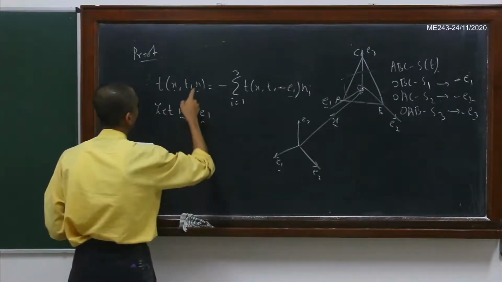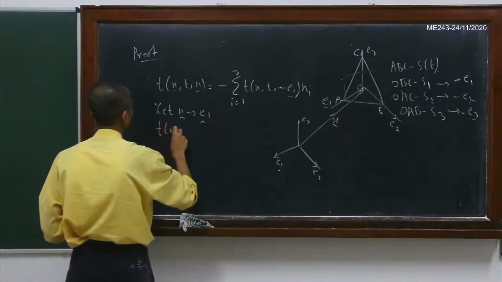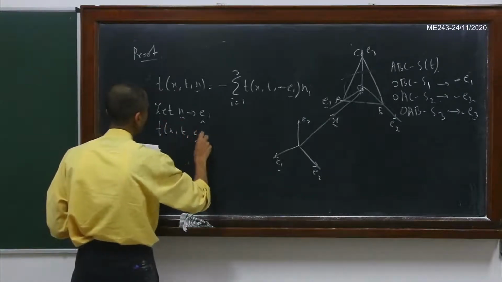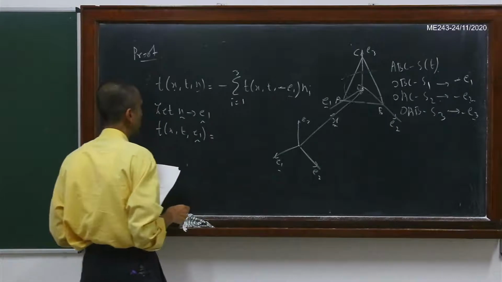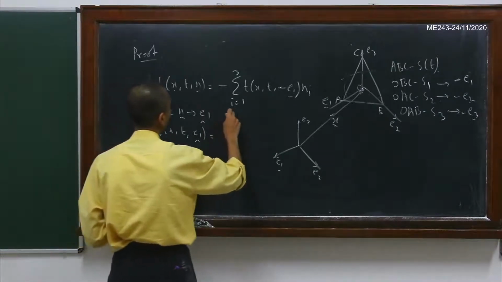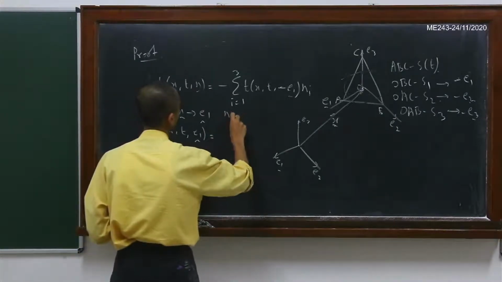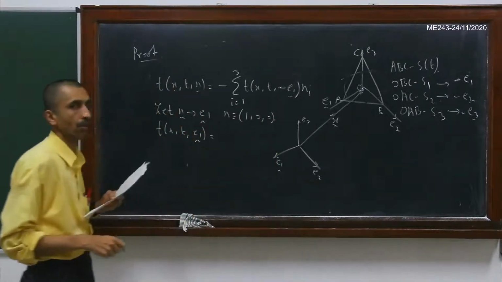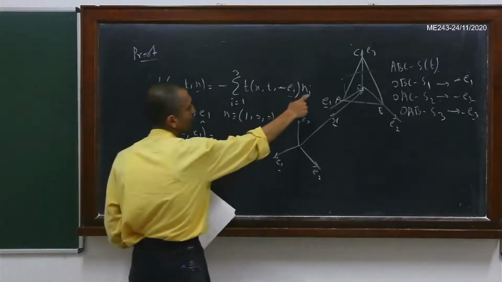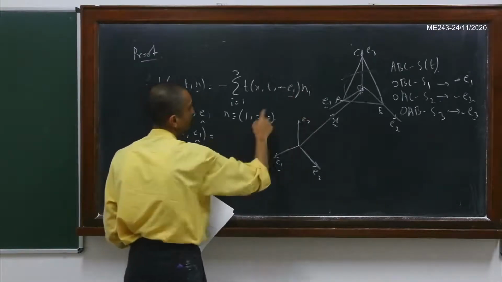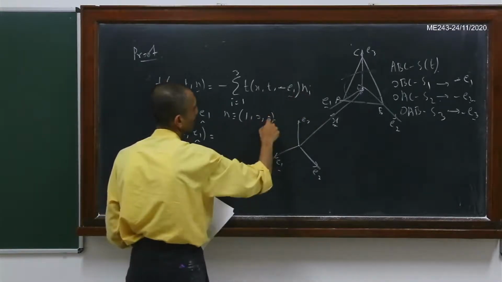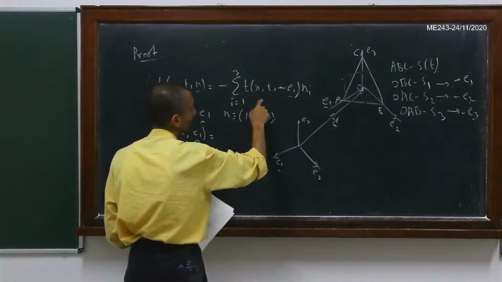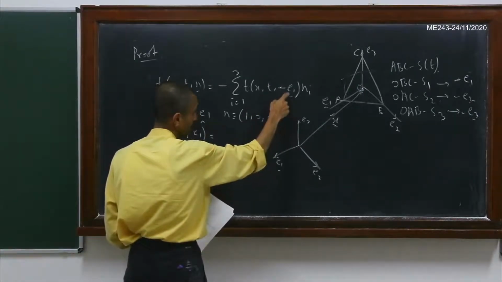Then T of x, t, E1 is equal to, so E1 has components, n is now 1, 0, 0. So n1 will be equal to 1, n2 equal to 0, and n3 equal to 0. Only the first term will have a non-zero contribution in this particular case.